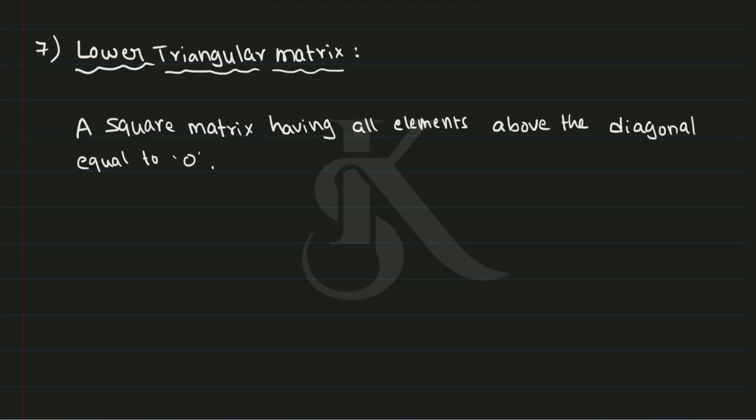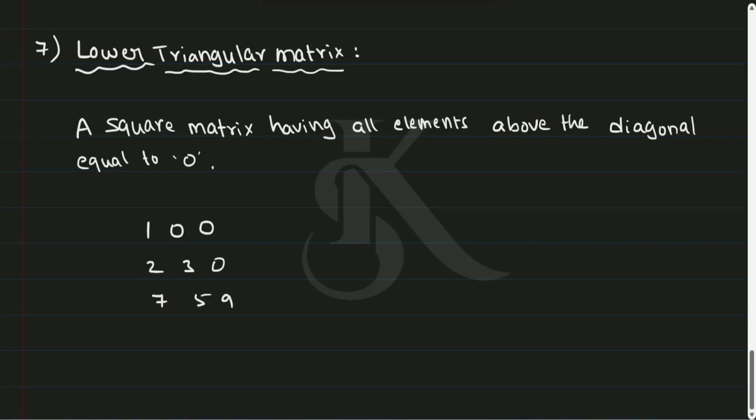Let us say 1, 0, 0, 2, 3, 0, 7, 5. See here the triangle is formed below. Just remember it like that.